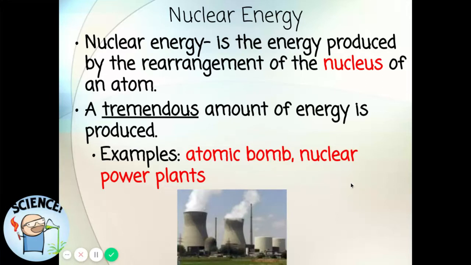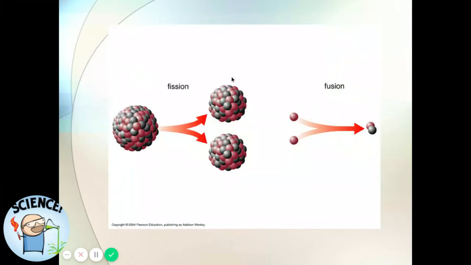So the way that energy is produced through this process, there's 2 different types. There's nuclear fission, and that's when the nucleus of an atom splits. Okay, so here is our nucleus, and it splits into 2 different ones, and when this happens, lots of energy is released. And nuclear fusion is when 2 different nuclei, so 2 separate nucleus combine and form one.